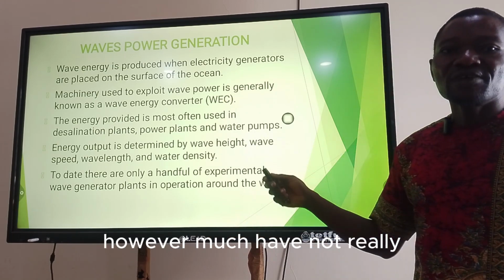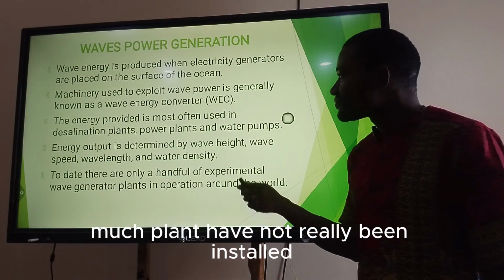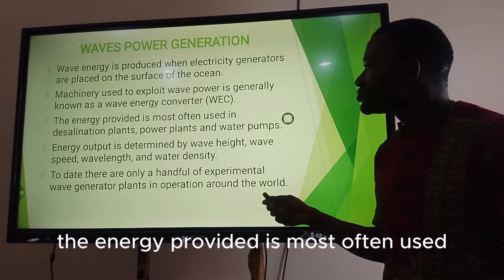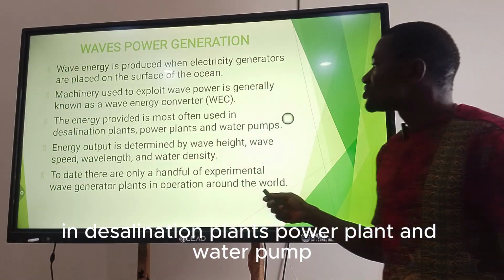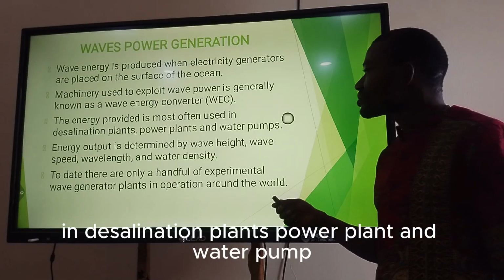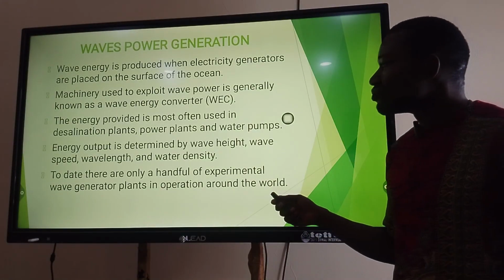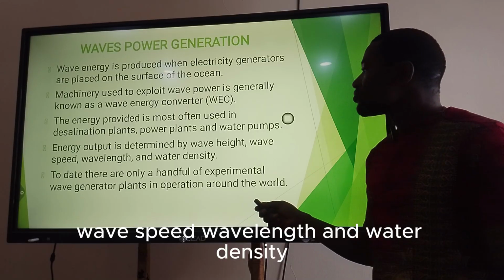However, many plants have not really been installed. The energy provided is most often used in desalination plants, power plants, and water pumps. Energy output is determined by wave height, wave speed, wavelength, and water density.